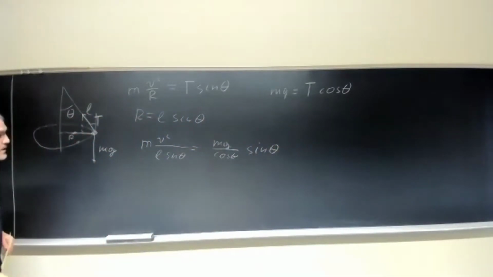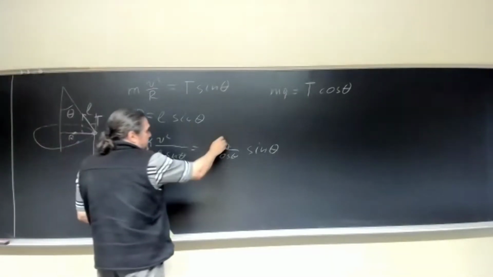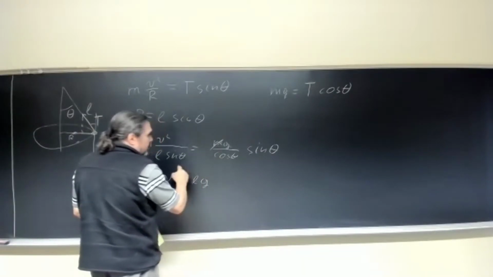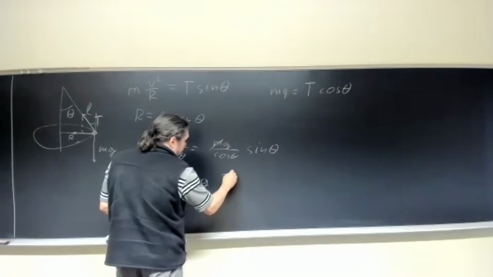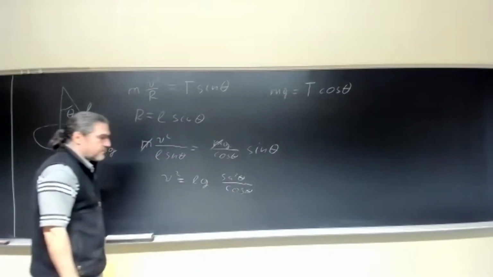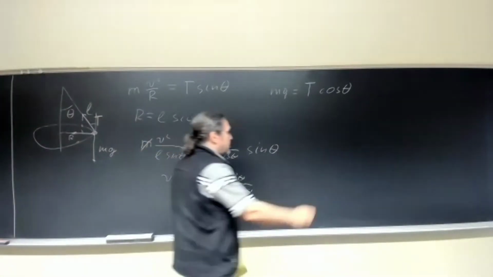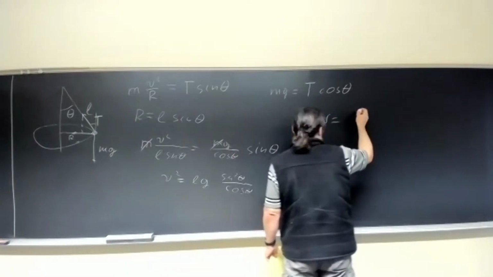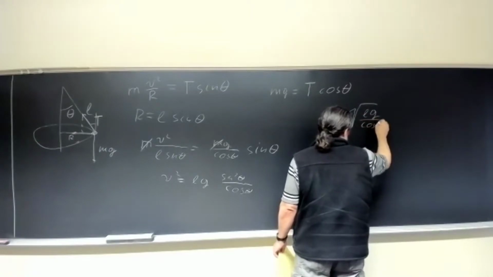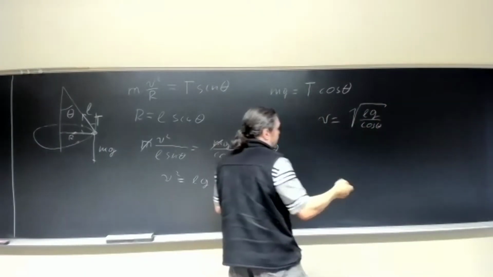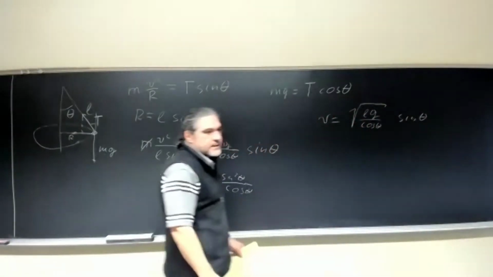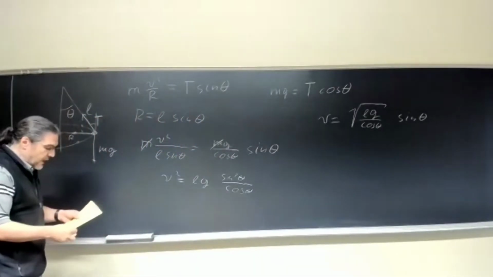Also, the masses cancel out, and velocity squared equals L g times sine squared theta divided by cosine theta. Okay. Well, the velocity equals the square root of L g divided by cosine theta, multiplied by sine theta. Right? That's the answer, and that's it.